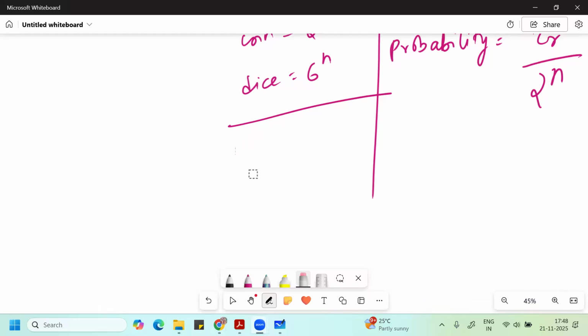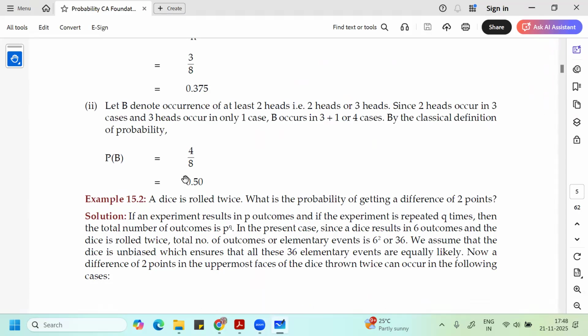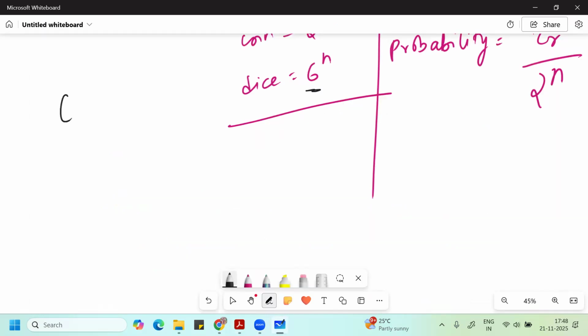What I was saying is that in the case of dice, the total outcome follows the formula 6 to the power n. So when you are rolling two dice, the total would be 36 outcomes. Here they're asking the probability of getting a difference of 2 points. So I can write 1 comma 3, 3 comma 1. The difference is 2 points.